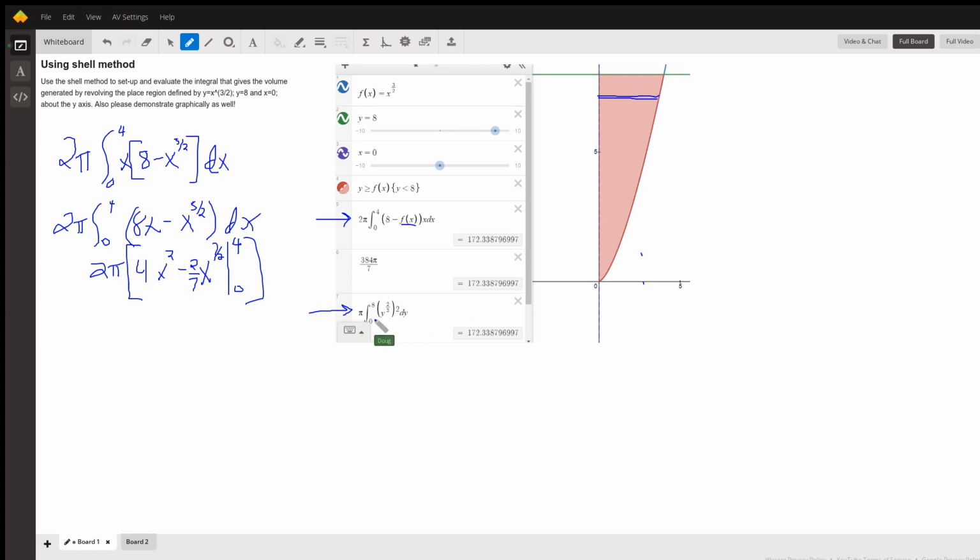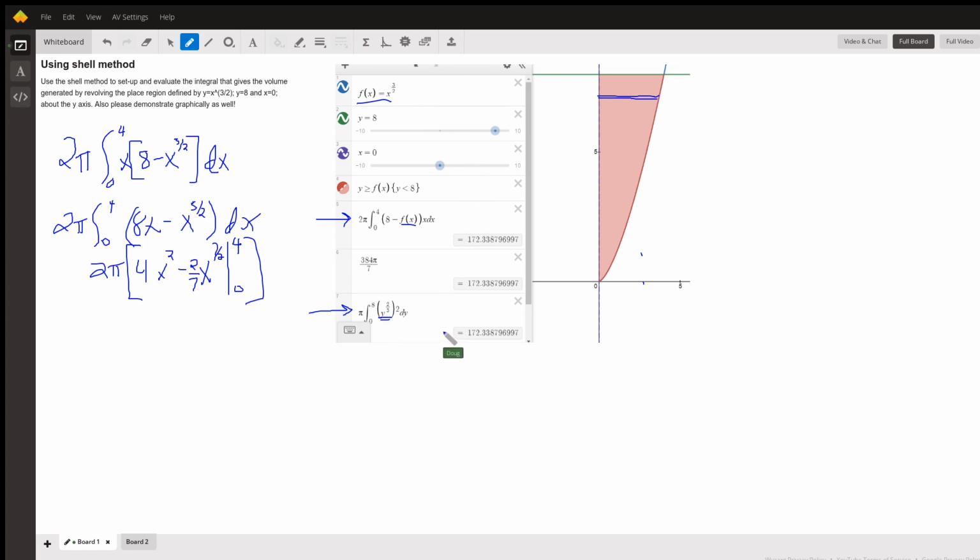And pi, the radius squared, in this case, it has to be in terms of y because this is a horizontal x distance right here. Solve this function, y equals x to the 3/2, for x. Raise each side to the 2/3 power. And then, so this is the radius squared.